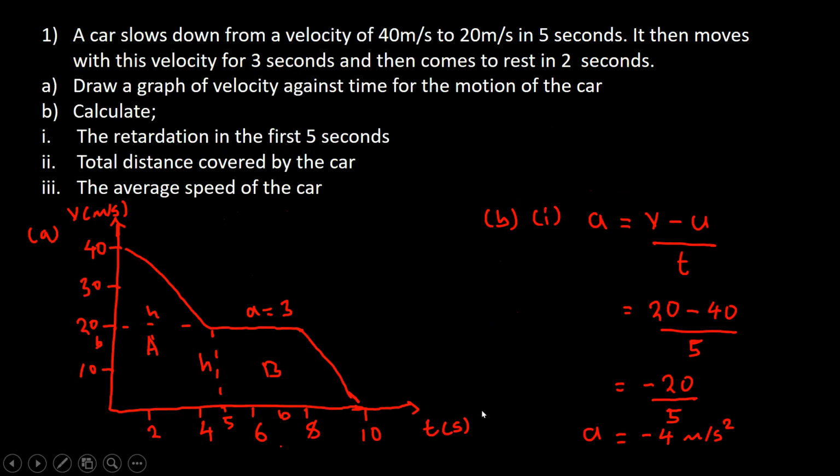Let's look at the other part, which is the average speed of the car. The average speed is calculated as the total distance covered over the total time taken. The total distance we have as 230 meters, and the total time taken is 10 seconds.